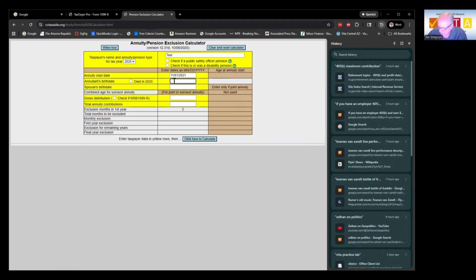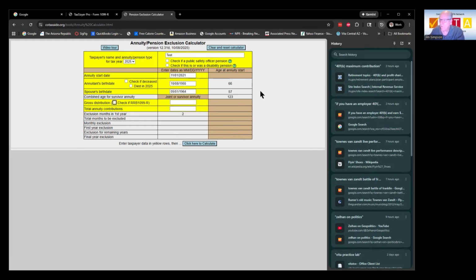So 10/08/1955. Okay, so she's 66. It just calculated that. The spouse was born on 05/01/64, so he's 57. Now it calculated 123 as their joint combined age.